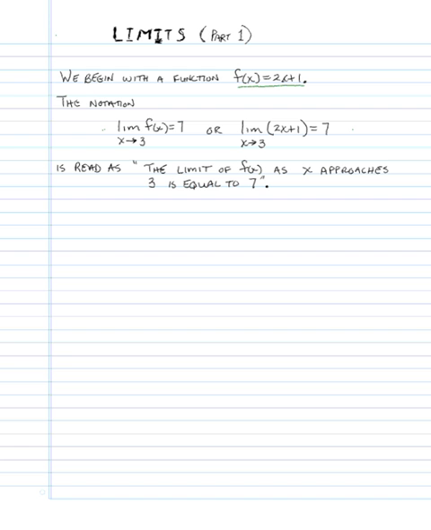We read the first one as the limit of f of x as x approaches 3 is equal to 7. Now, while we're here, let me mention that the 3 value in either one of these is called the target. And what the limit is equal to, the number, is the limit value.